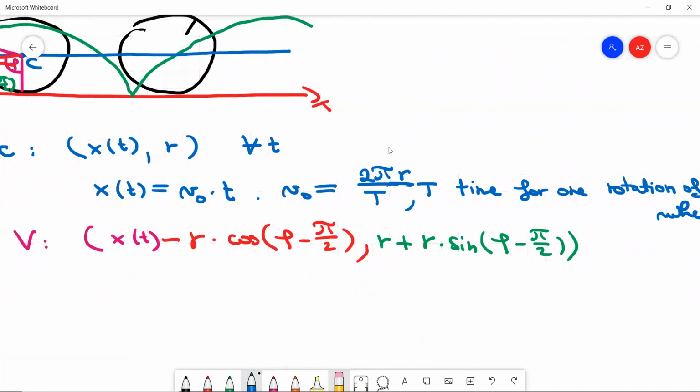Okay, so x of t is then 2 pi r over capital T times time. And I can write this as 2 pi t over capital T times r.